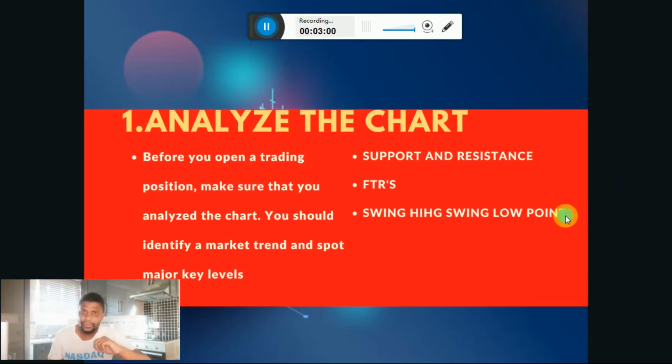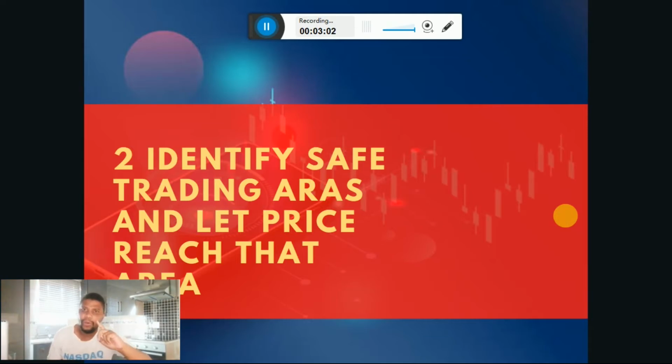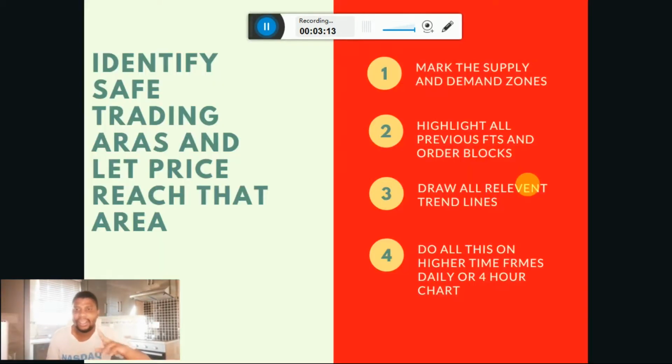Step number 2, you should always identify safe trading areas and let price reach those areas. What am I saying about this? By identifying safe trading areas, you should be able to mark your supply and demand levels. Some people say support and resistance, but let us use supply and demand levels at this point.